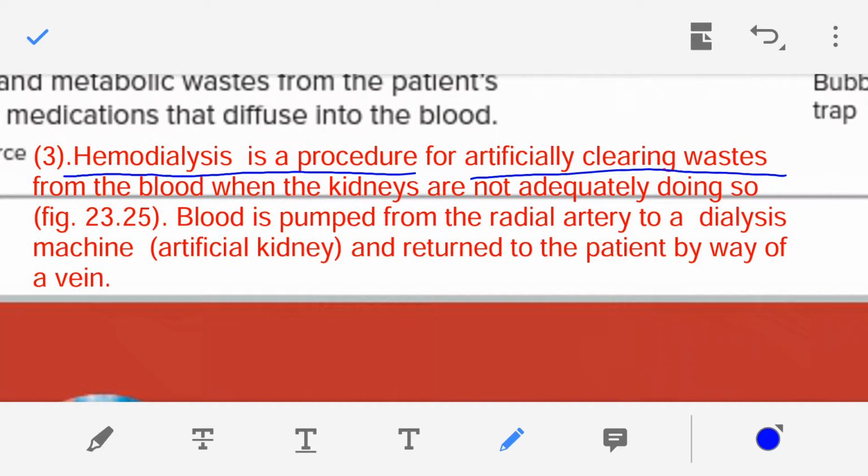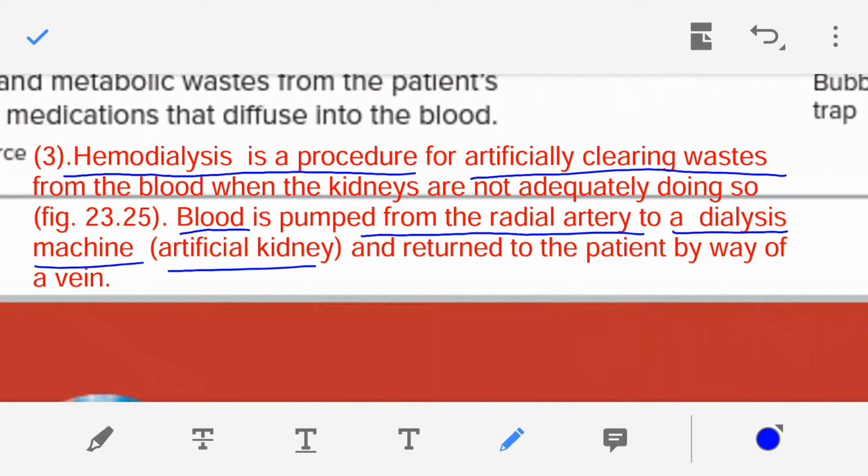In this procedure of hemodialysis, the patient's blood is pumped from the radial artery to a dialysis machine, which is known as an artificial kidney. Once the blood is cleaned, waste materials are removed and some nutrient molecules are added to the blood.